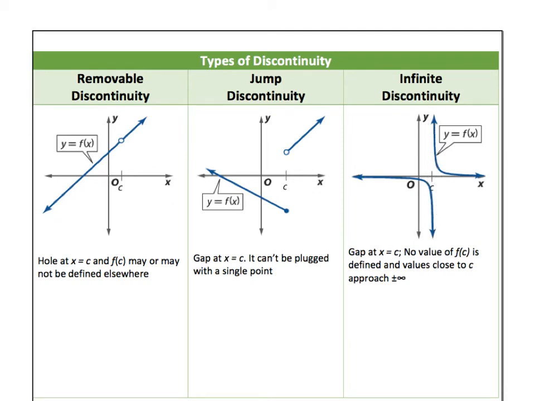Vertical asymptote is this line like this that's kind of understood to be there. We'll talk about algebraically why it's created later. But the graph approaches it and gets closer and closer and closer infinitely to it, but never ever touches or crosses it, okay? So this has infinite discontinuity. What I was saying is you'll see some where you'll have something like this where they're both going towards positive infinity. That's a possibility where you have a vertical asymptote.